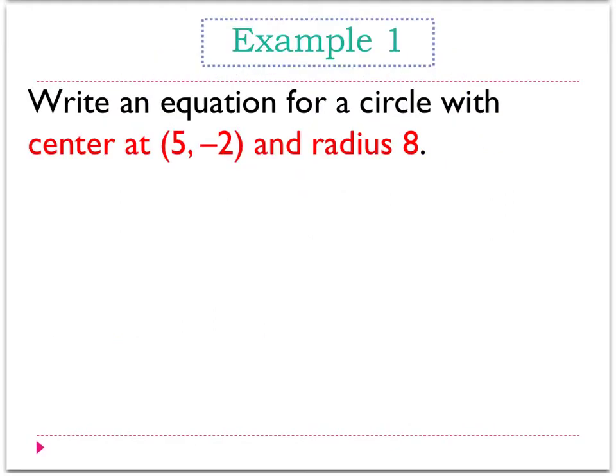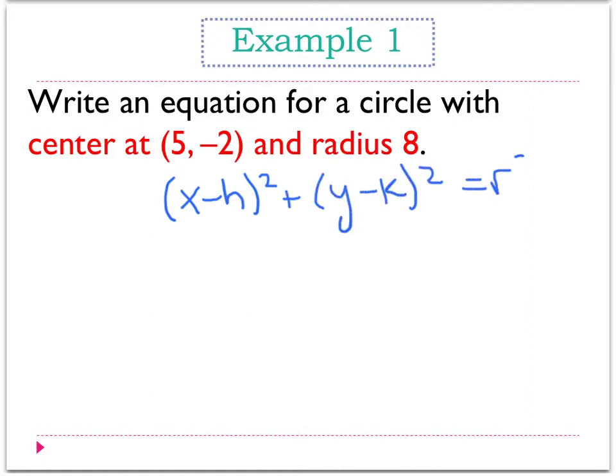Alright, so I want to write the equation of a circle that has a center (5, -2) and a radius of 8. So recall the formula. It's (x minus h) squared plus (y minus k) squared equals r squared. The big things to remember here are these minuses, and then r is squared.